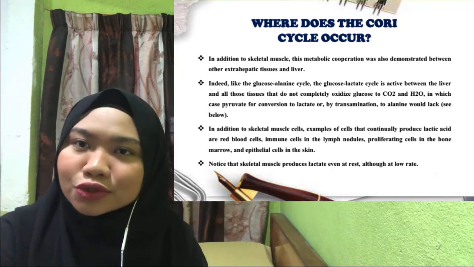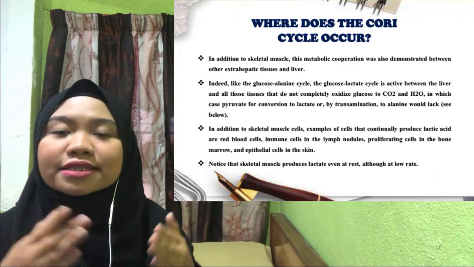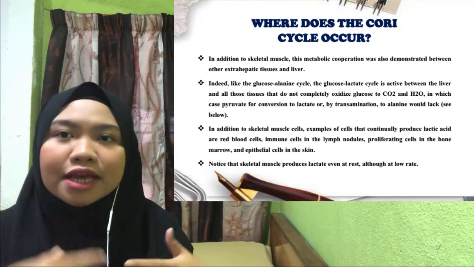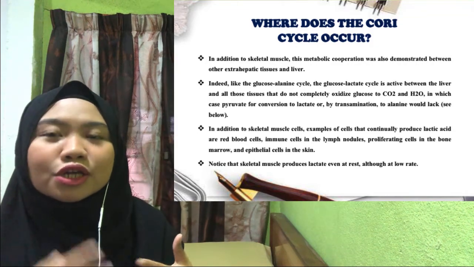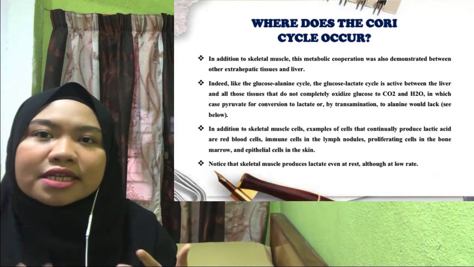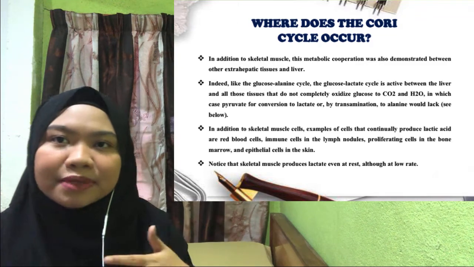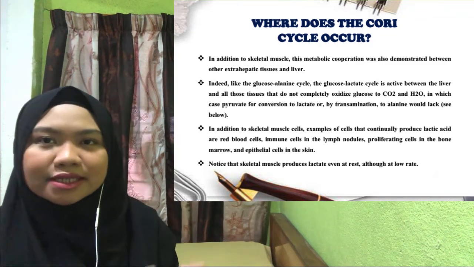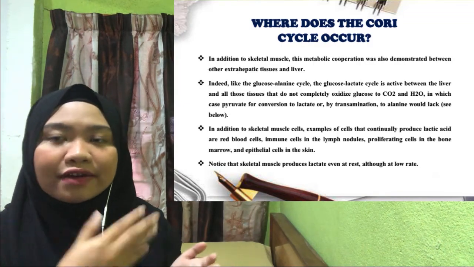In addition to skeletal muscle cells, examples of cells that continually produce lactic acid are red blood cells, immune cells in the lymph nodules, proliferating cells in the bone marrow, and epithelial cells in the skin. Notice that skeletal muscles produce lactate even at rest, although at a low rate.